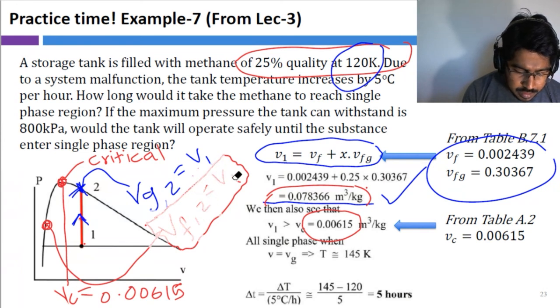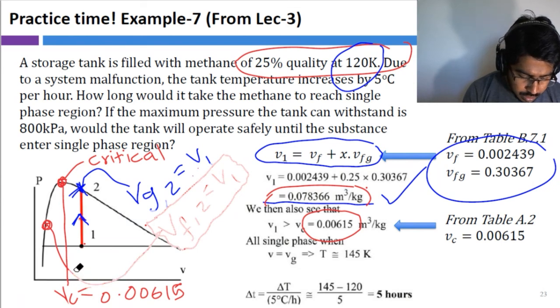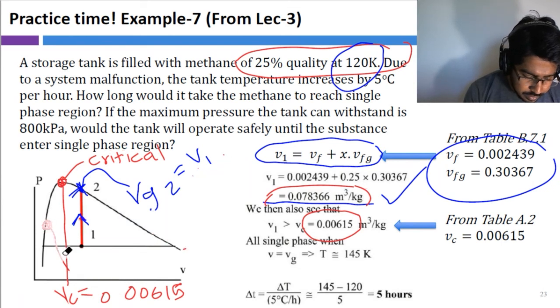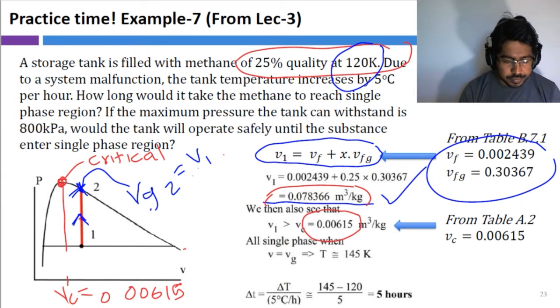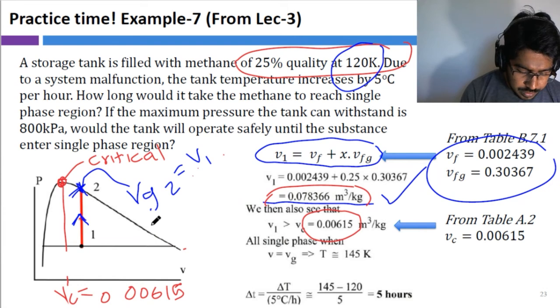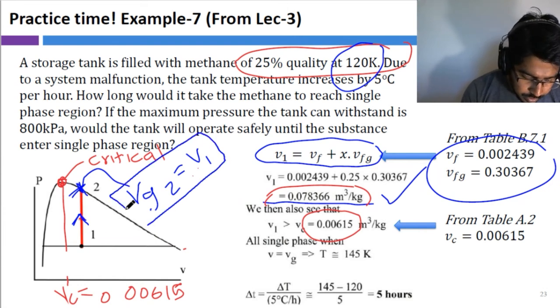So this relationship does not matter anymore, because our point of interest is doing something else. Now we are good to go with the blue relationship, this one.